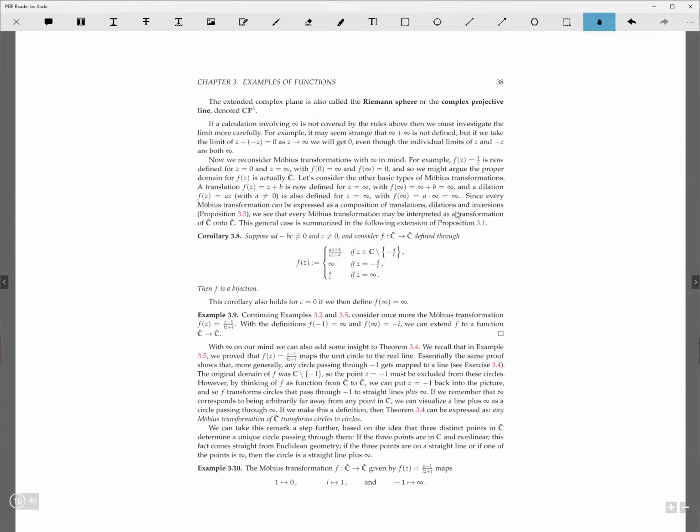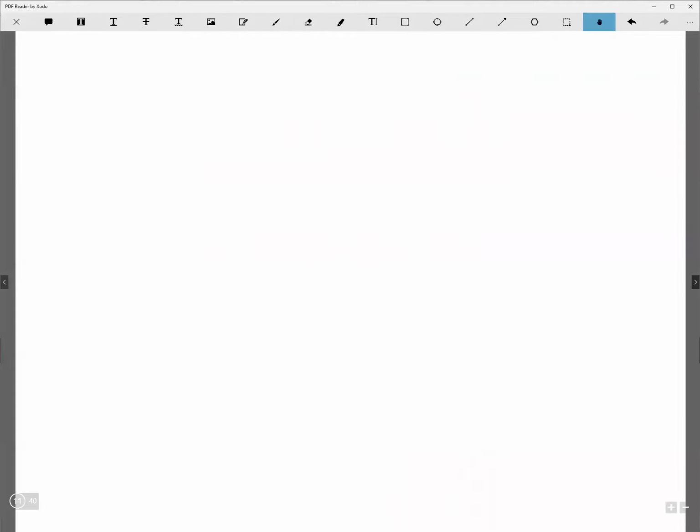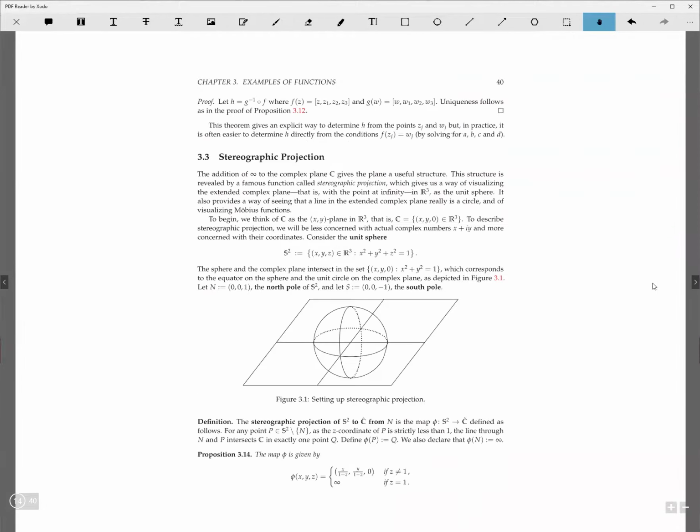Another way to look at all this is with something called the Riemann sphere, or the complex projective line. So the way that works is, or a stereographic projection.